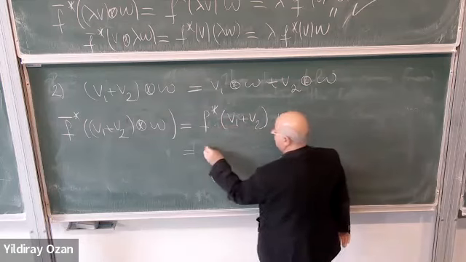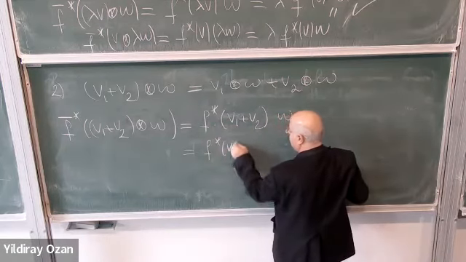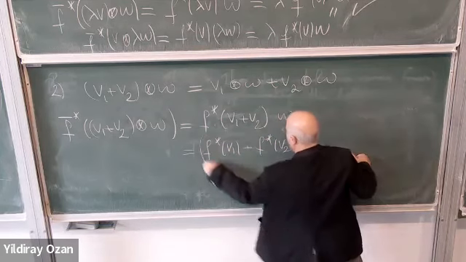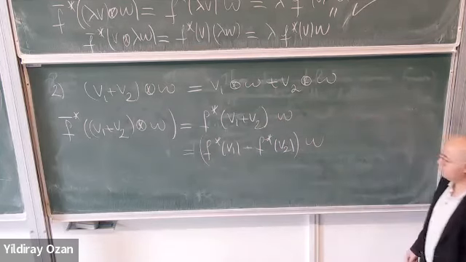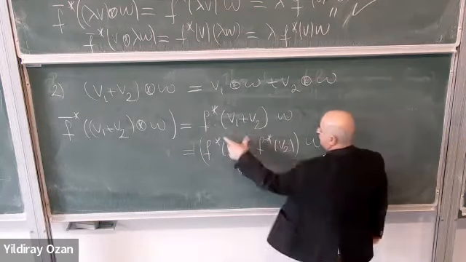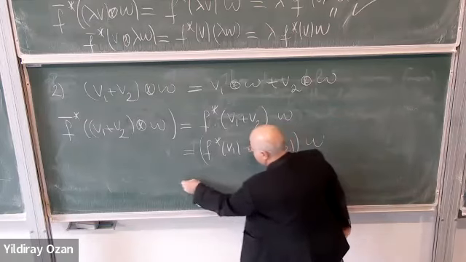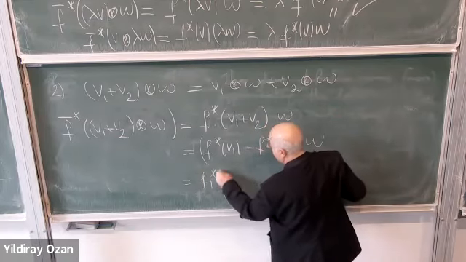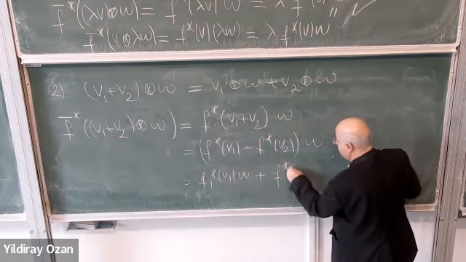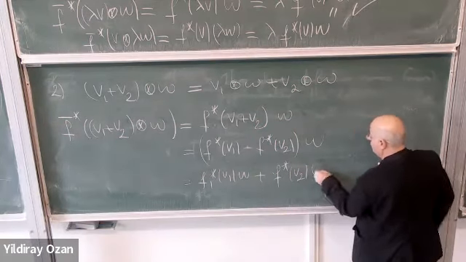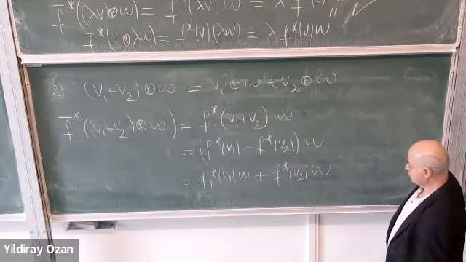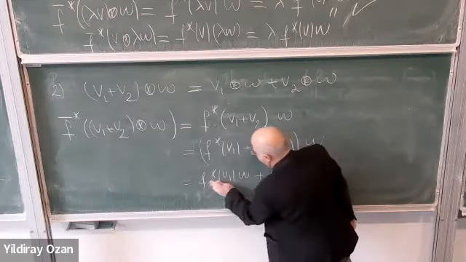Since it is linear, I can write it like this, times W. This is a scalar multiplication, right? Because this is a scalar. And what is this? This is just F star V1, W plus F star V2, W.